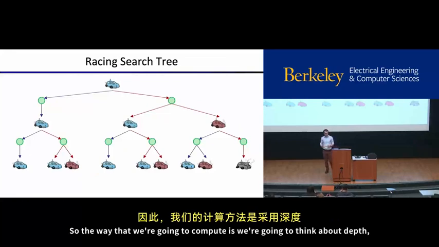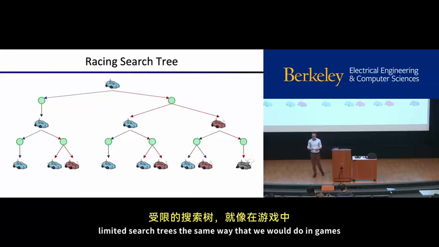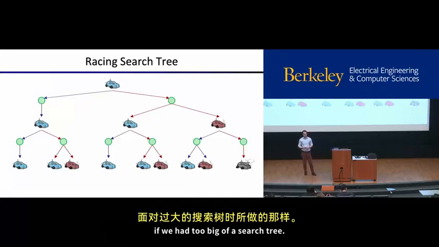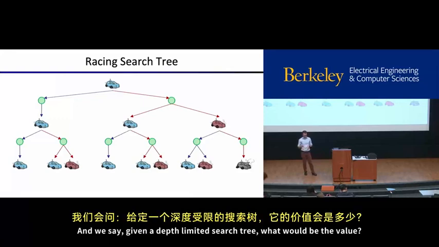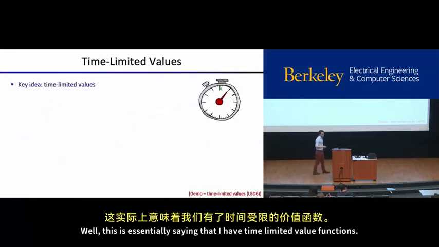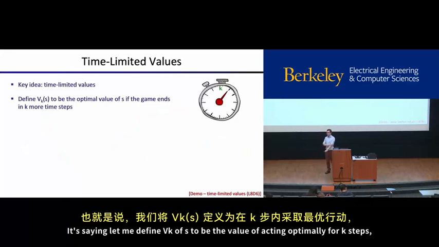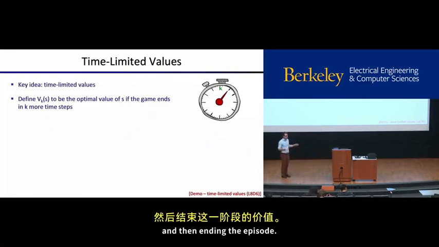So the way that we're going to compute is we're going to think about depth-limited search trees, the same way that we would do in games if we had too big of a search tree. Given a depth-limited search tree, what would be the value? This is essentially saying that I have time-limited value functions. Let me define vk of s to be the value of acting optimally for k steps and then ending the episode.